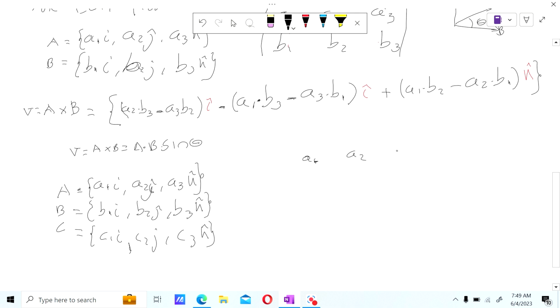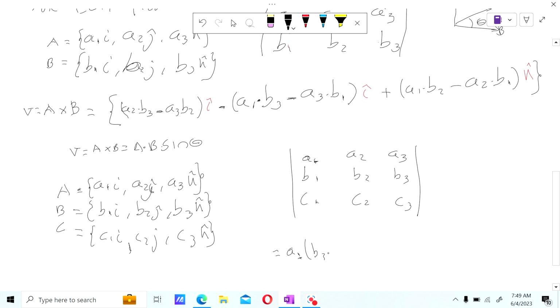A1, A2, A3, B1, C1, B2, C2, B3, C3. Okay, there you go. So the cross product is the same thing. You hold A1 constant and do the same thing. Take those four elements.